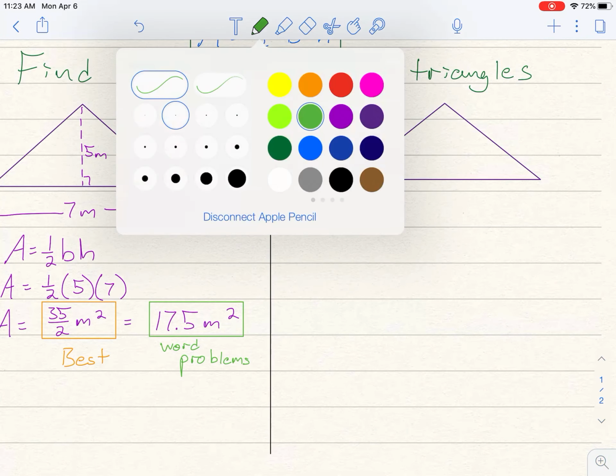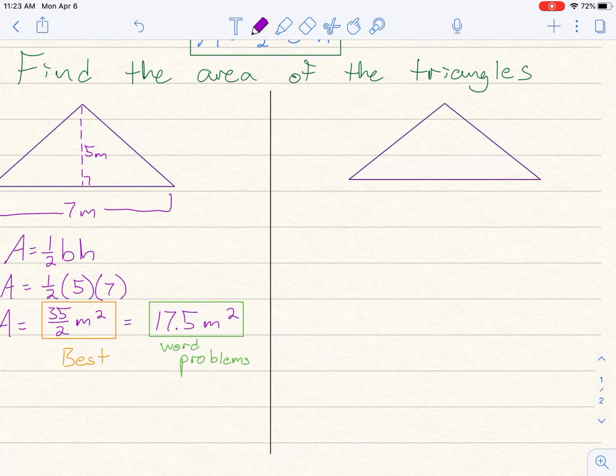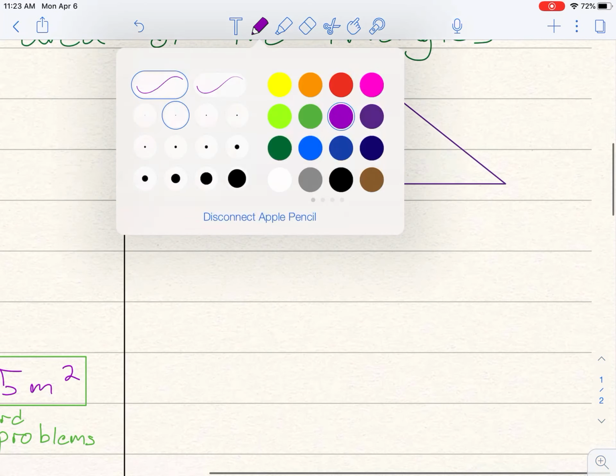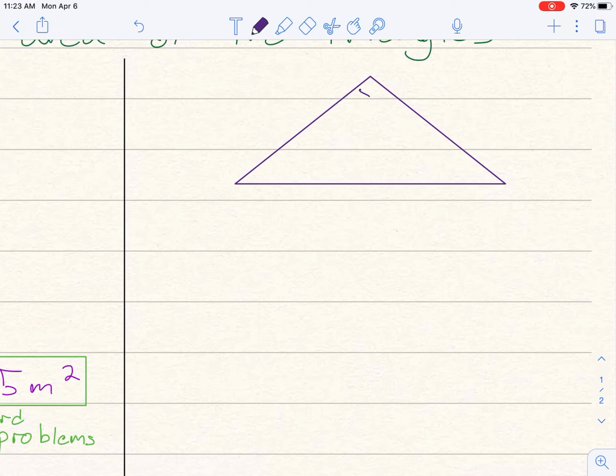Now for this other one over here, I am going to do this. So for this shape, I've got a right angle up at the top. This is 6 yards. This is 8 yards. And this is 10 yards. Now, notice that this is a right triangle, right?